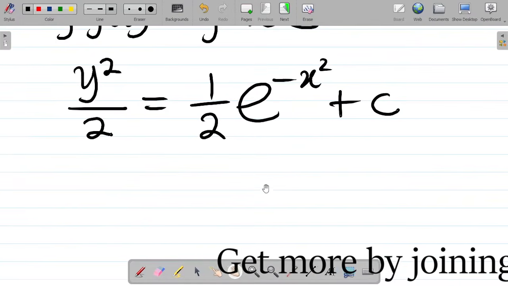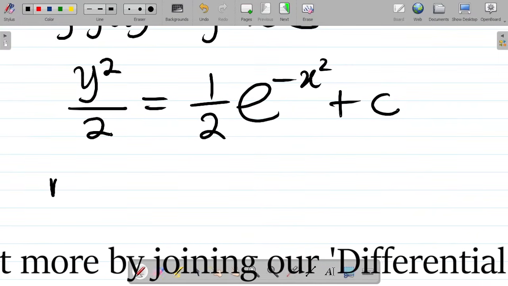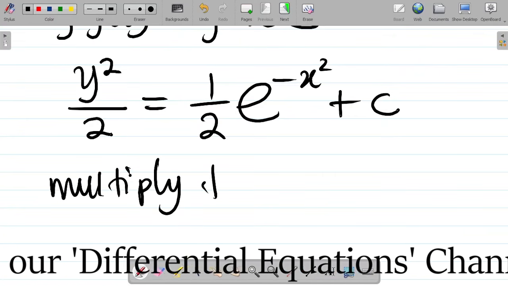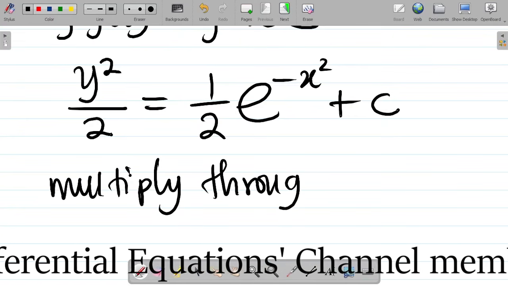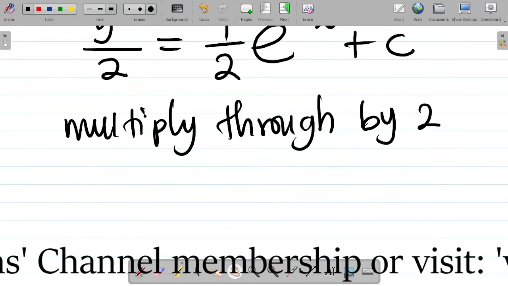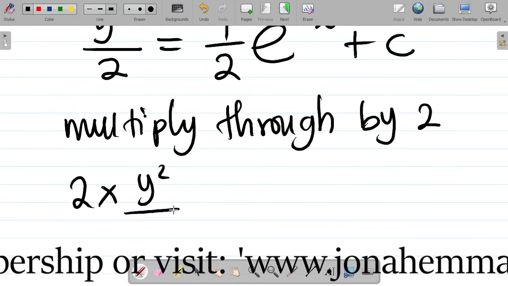Alright, we want to get the value of y, not y squared. So how do you get y here? I'll multiply through by 2. So multiply through by 2 becomes 2 times y squared all over 2.